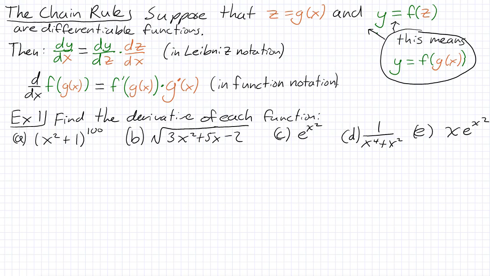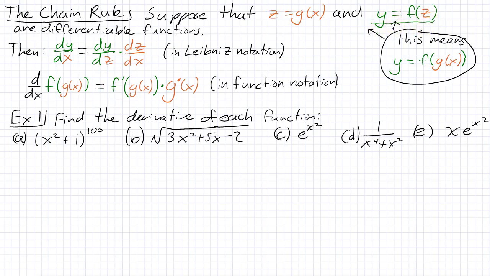Then here is the function notation version. So here, instead of saying dy over dx, we're just going to say we have this function with respect to x that is a composition, and then instead of dy over dz, that's the derivative of this y function with respect to z.